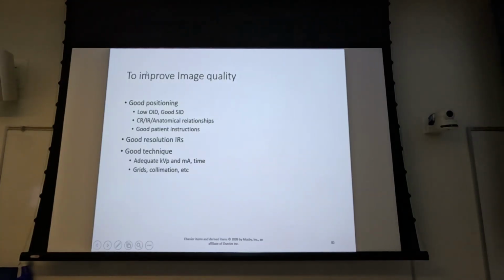All right, so to improve image quality: good positioning, paramount, low OID, good SID. And I say good SID because theoretically you can use any SID that you want to. 40 and 72, with in some cases 48 being an accepted deviation. Like in a freshman class, we're going through lower extremity right now.